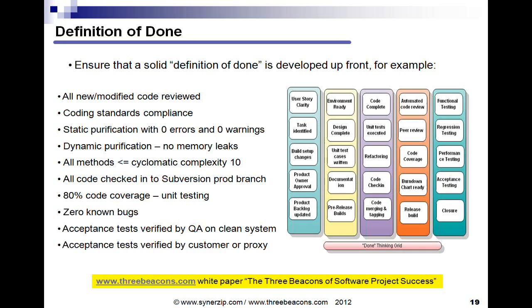Now you might say, well, can we water that down to zero critical bugs? Sure, you can use that as a starting point, but I've always had really good success with setting the bar very high and saying that at least internally we create software that has zero known bugs.